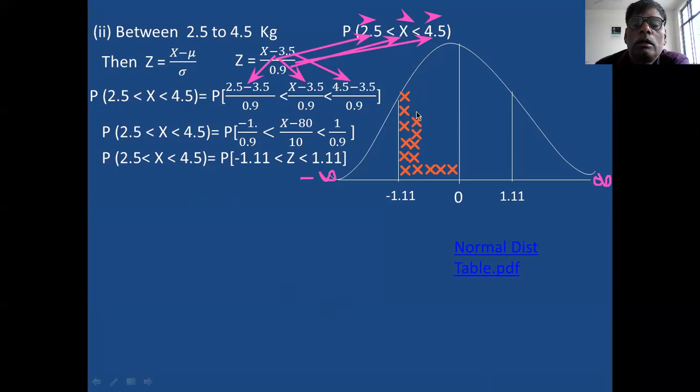Like this, you mark the area. You give any sign: you give plus sign, minus sign, dots, or straight lines.